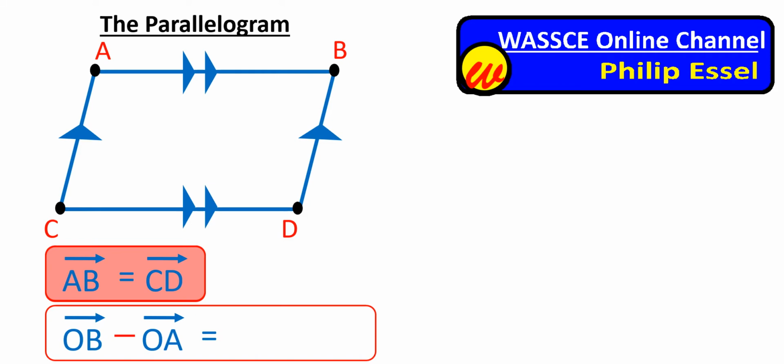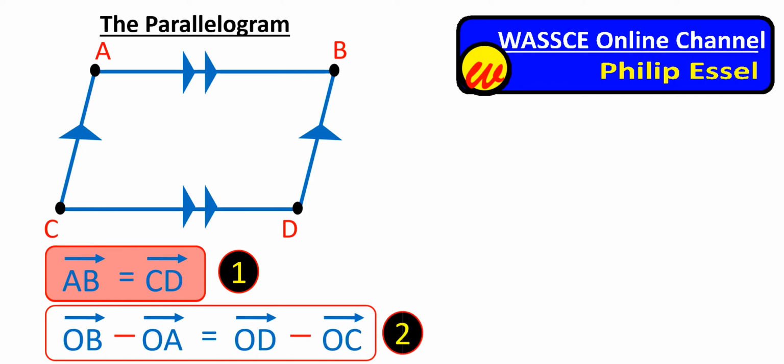When we do this, we would get the vector OD minus the vector OC. So these two vector equations, 1 and 2, are the same, and at the appropriate time we'll be making use of them.